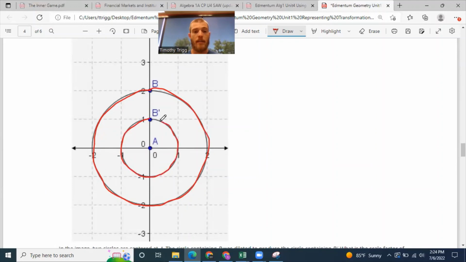So notice how the image, the new circle, is smaller. So that's called a reduction. When you have a reduction, that means your scale factor is less than 1. So your scale factor is between 0 and 1 in this case. Anytime it's a reduction, you know your scale factor is going to be between 0 and 1. So there's your hint.